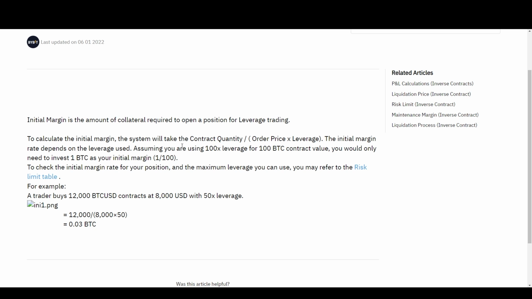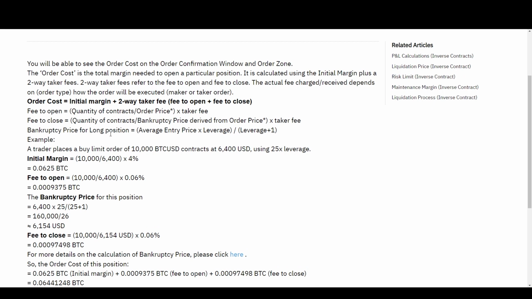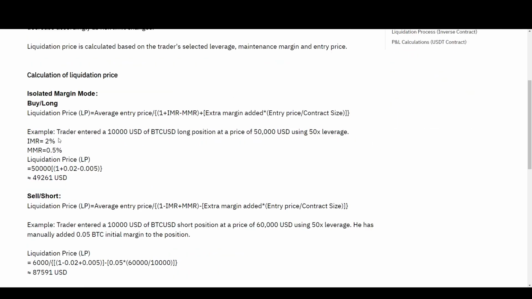The initial margin rate depends on the leverage used. For example, a trader buys this. Wait, what? Initial margin. But initial margin rate is different.